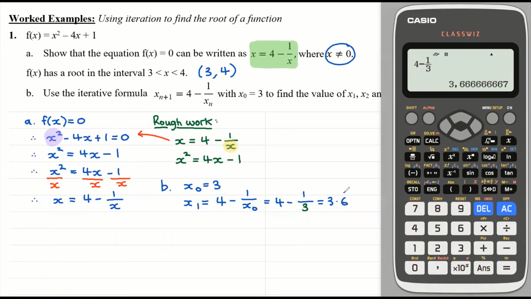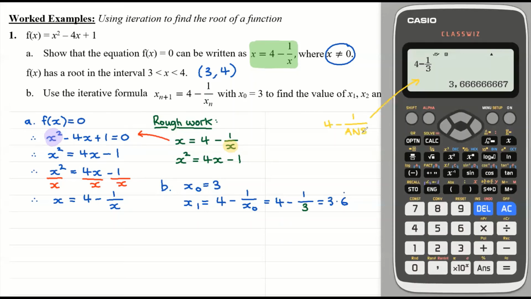Now, without clearing the calculator, we can now set up our iterative formula on the calculator. So the way to do that, I'm just going to make a note here. So what we need to do is look at the formula. Well, it's x is equal to 4 subtract 1 over x. So we need to create 4 subtract 1 over the answer.